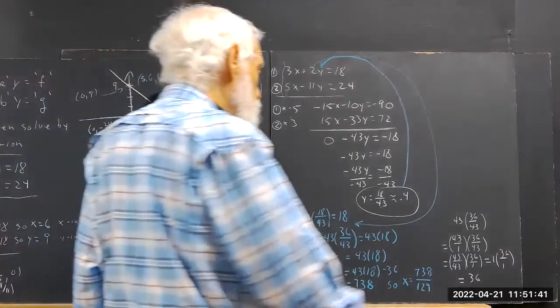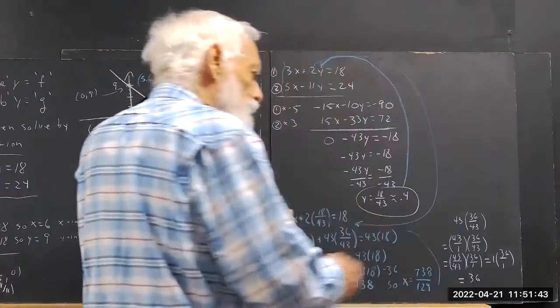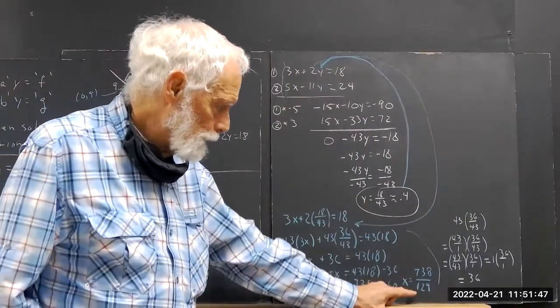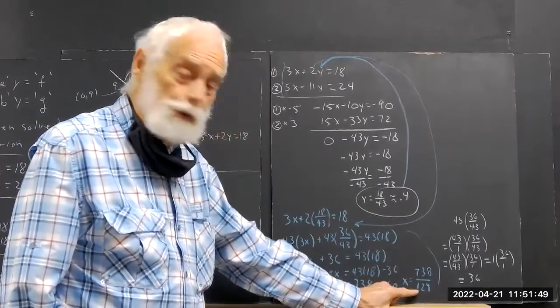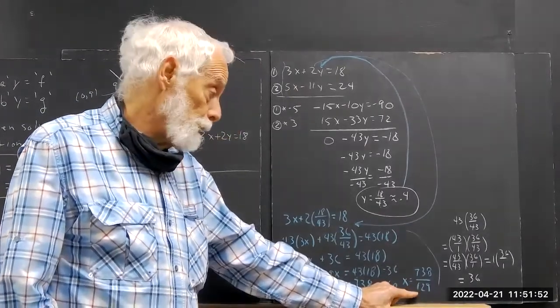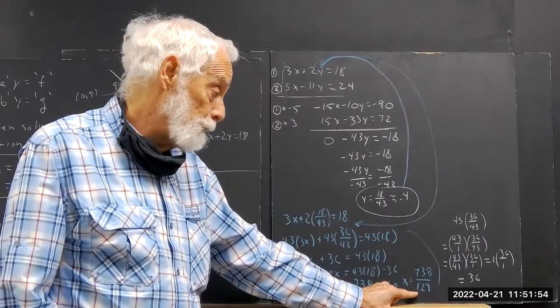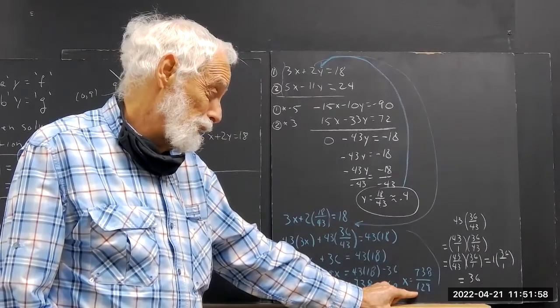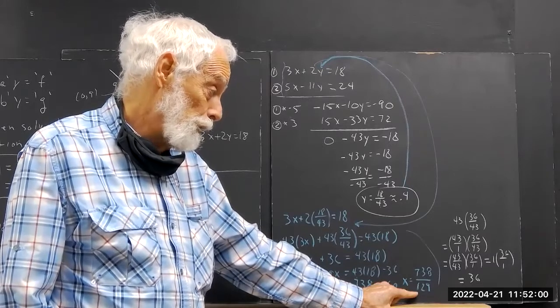Now you don't have to do the estimates, but I'm kind of talking about the nature of numbers here and trying to get you to think a little bit more about numbers. Anyhow, you can divide that out in your calculator. You're going to get something like, let me guess, 5 point, maybe pretty close to 5.6 actually.